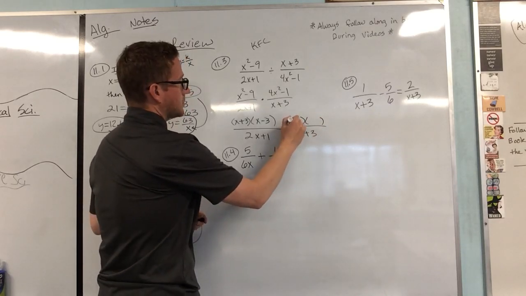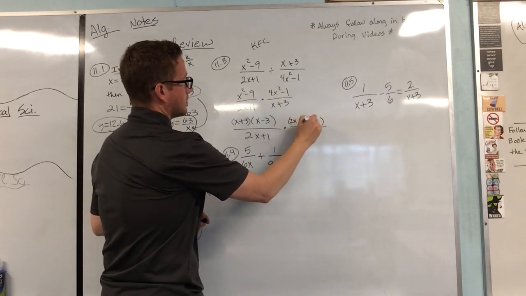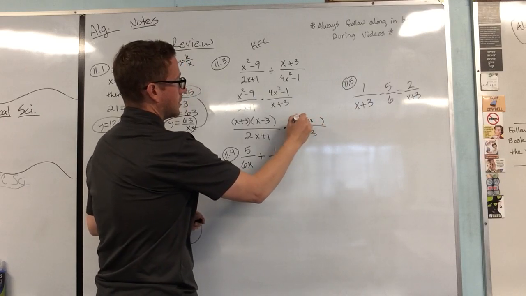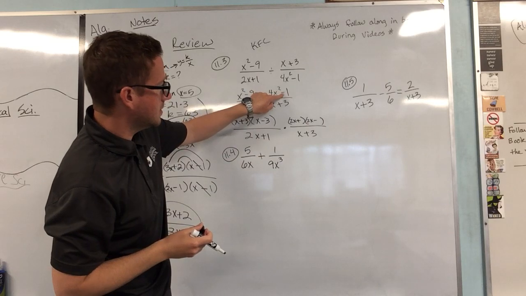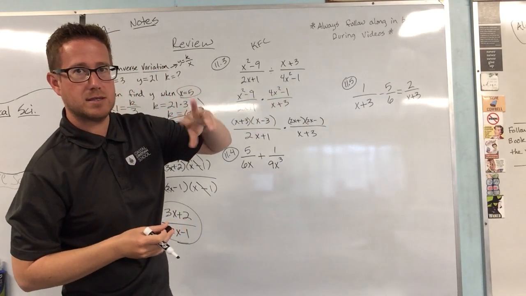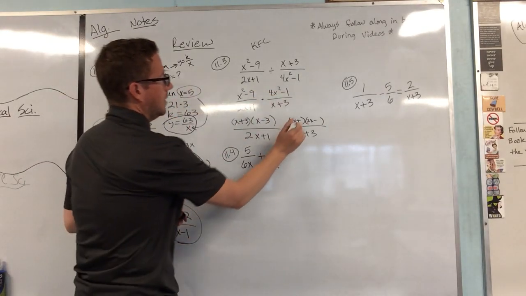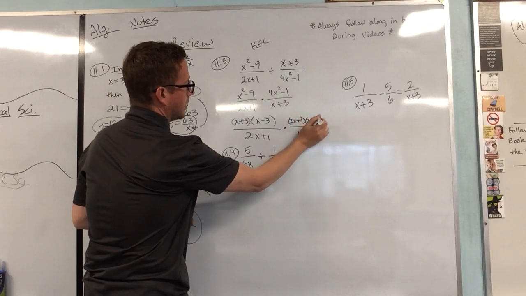So this becomes 2x plus 1 and 2x minus 1. How do I know it's plus minus? Because that sign's a minus. Always has to be opposites to create a negative.